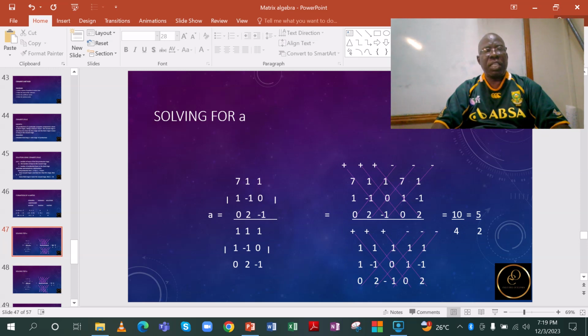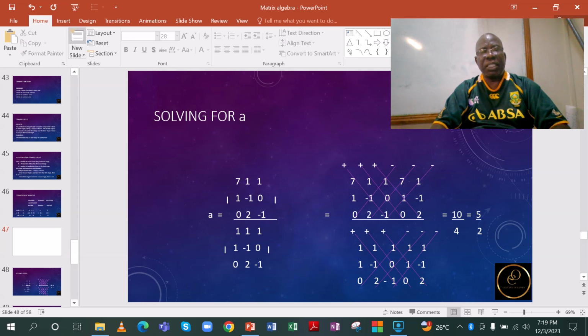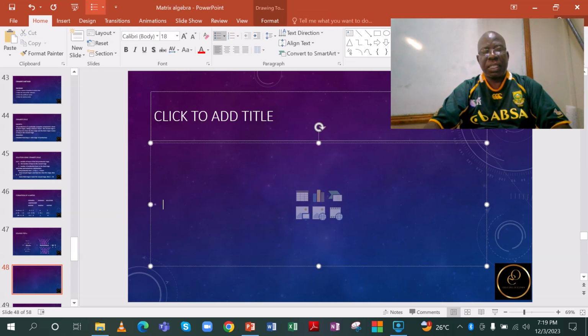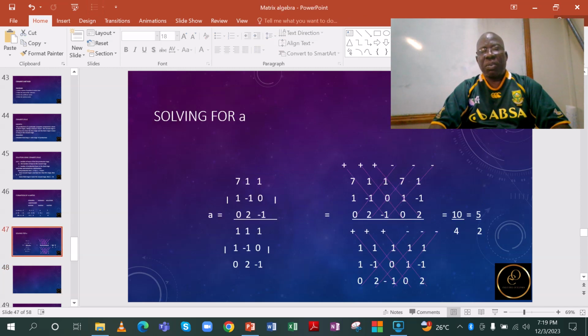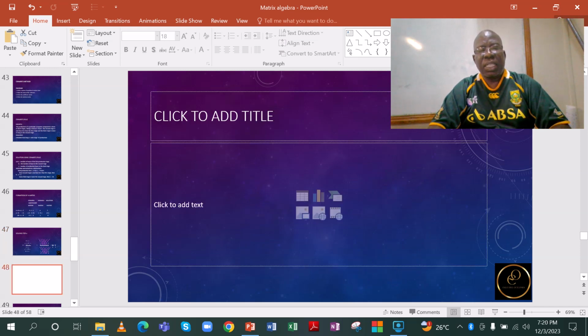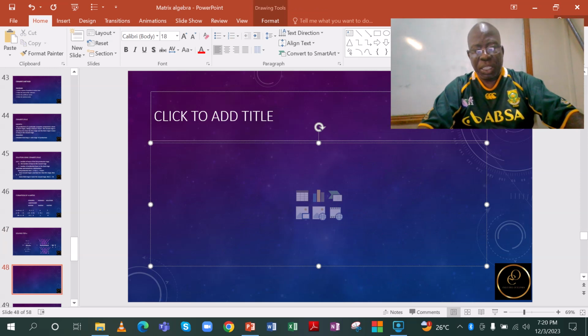Okay, let's see how this is done. So we are looking at these calculations so that we follow it through. In this particular case, what do we have? We have 7 times negative 1 times negative 1.